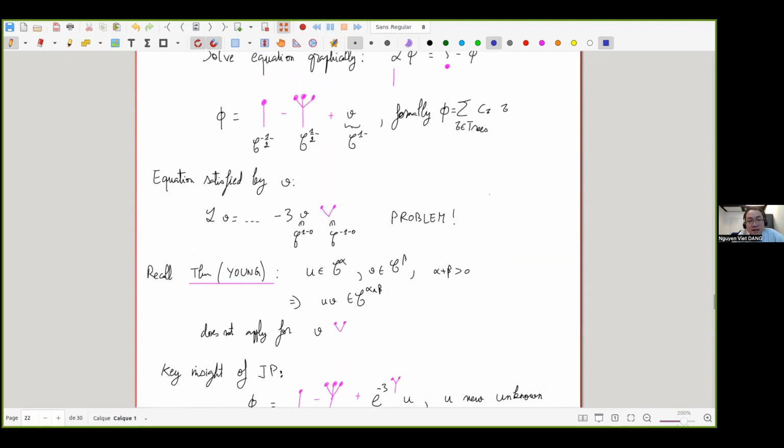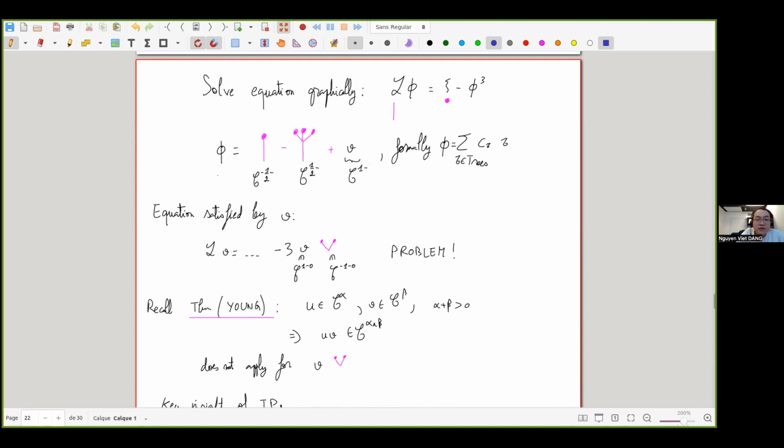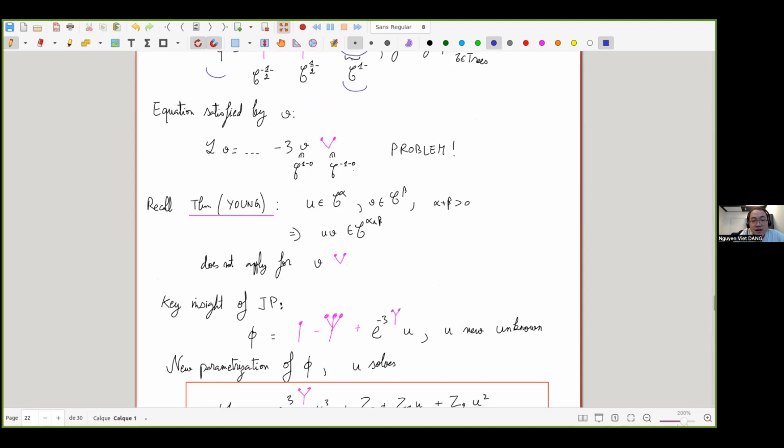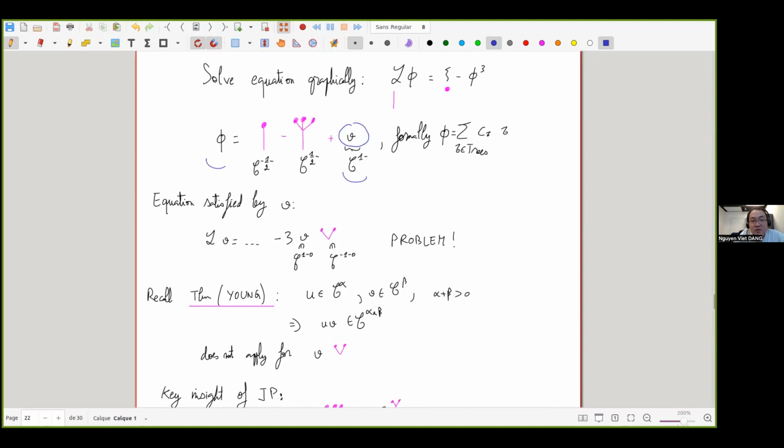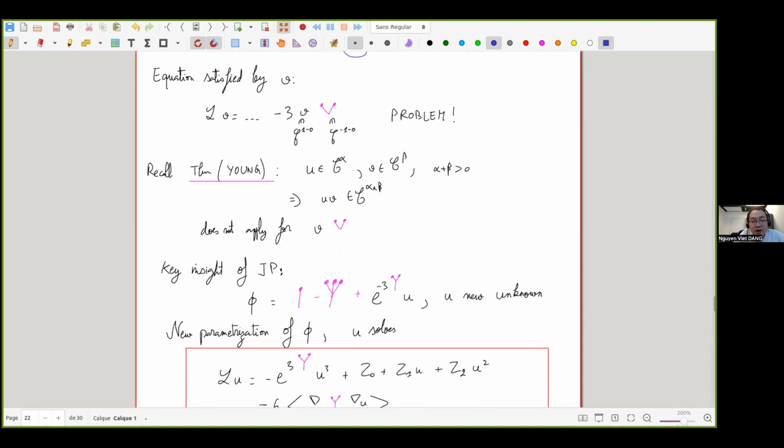Basically, you decompose your solution phi as a sum of 3 terms, and you look at the equation satisfied by the remainder. You expect that the remainder has certain good regularity. It is almost a C1 function, but still you see that the equation satisfied by this remainder has a problem, because in this equation you multiply something which is almost C1 by something which is almost C minus 1.